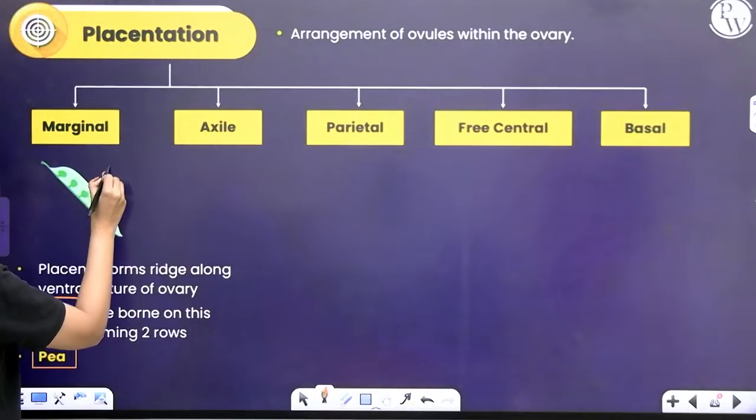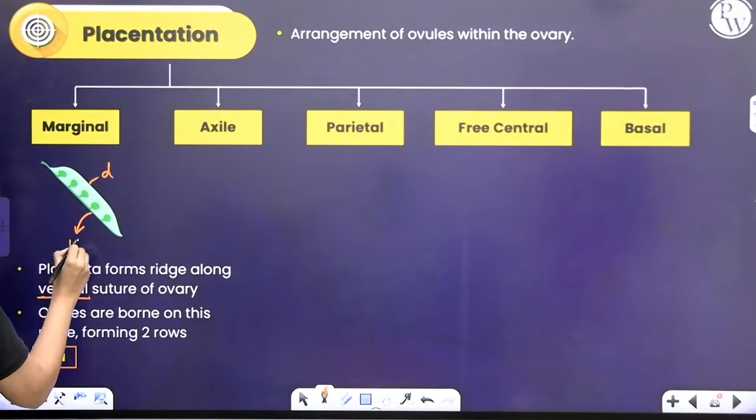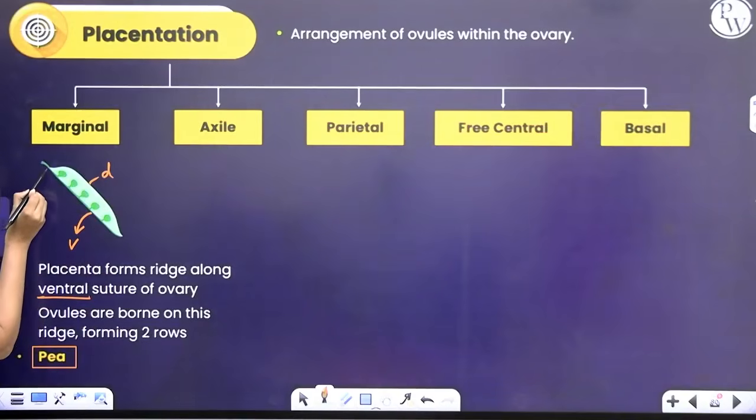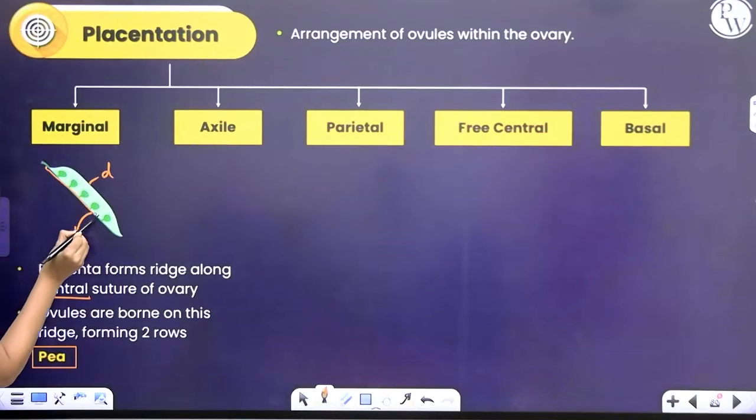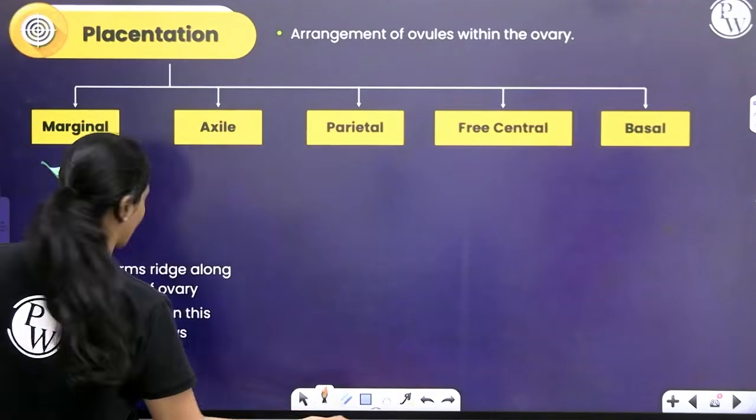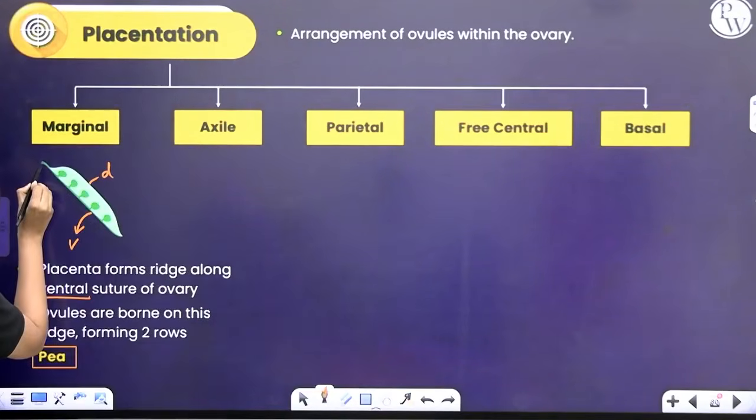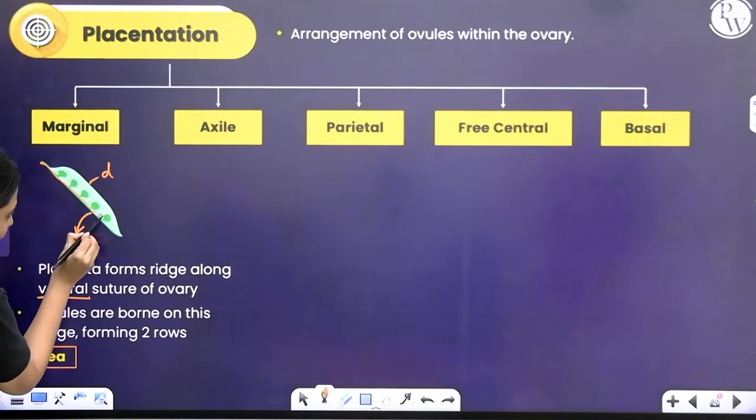Okay, so this is the dorsal side, this is the ventral side. On the ventral side, it forms a ridge, like a slightly elevated region.